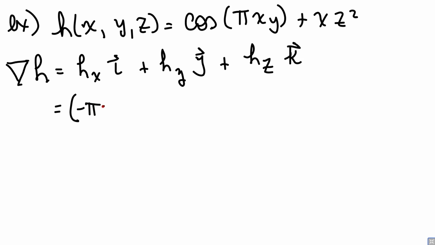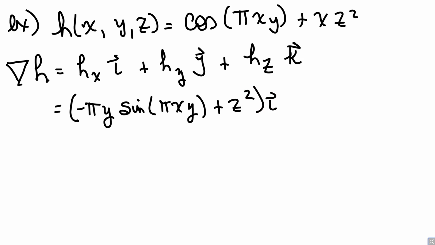We're going to have negative pi y sine pi xy in the i direction. You're missing some. Yes, plus z squared, and that's going to be in the i direction.